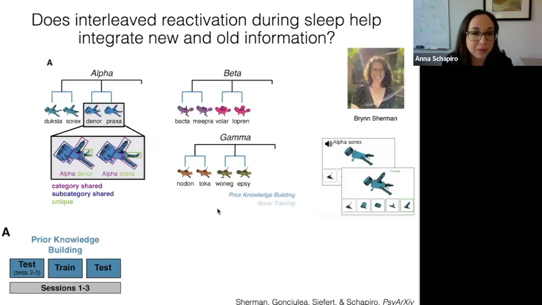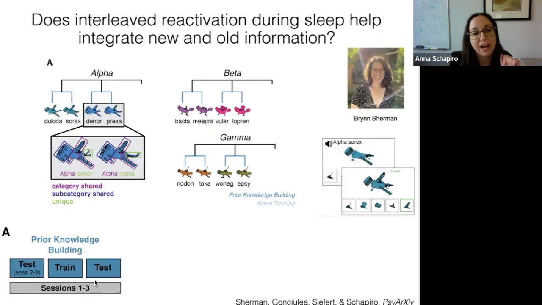So we thought we would try to test this idea in a sleep study in the lab. So here's the satellite stimuli again. Here we're going to teach people about these categories of satellites. In this case, we've arranged them into these hierarchical structures. And we have a knowledge building phase where participants learn about the satellites over several sessions.